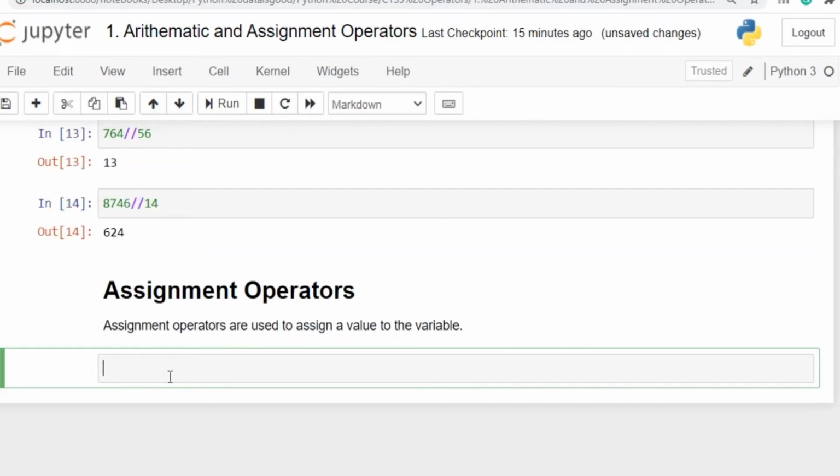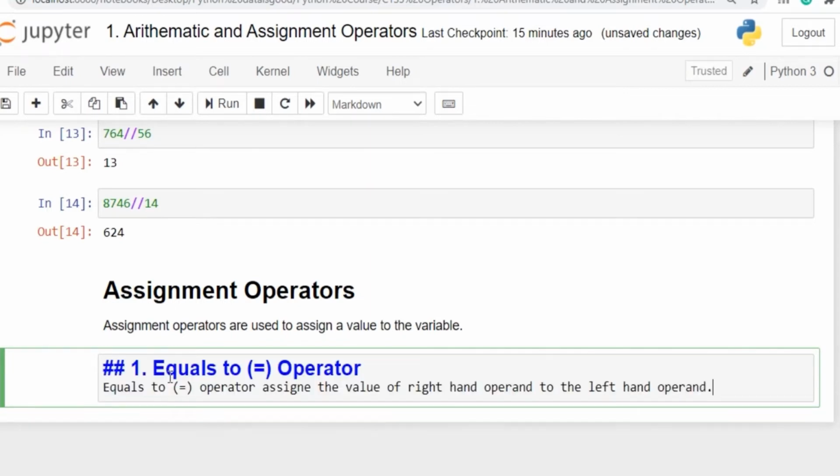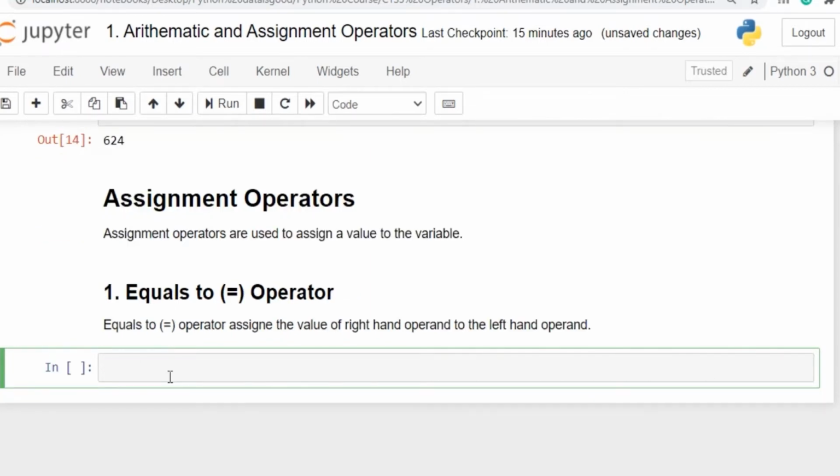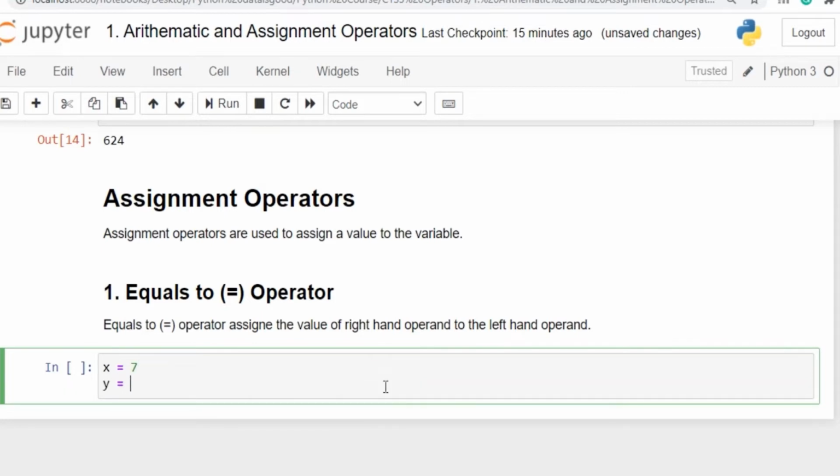Let us get started with the equals to operator, which assigns the right-hand operand to the left-hand operand. For example, x is equal to 7. Y is equal to 3.65.